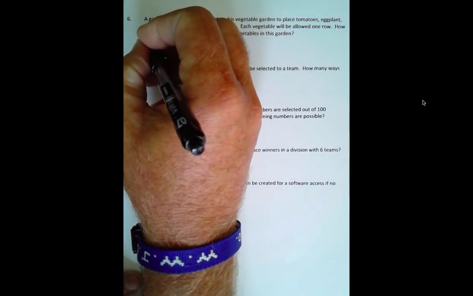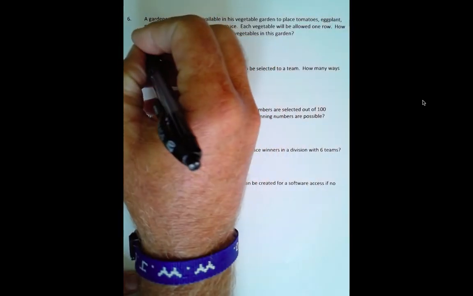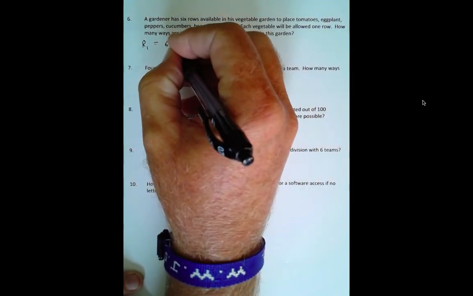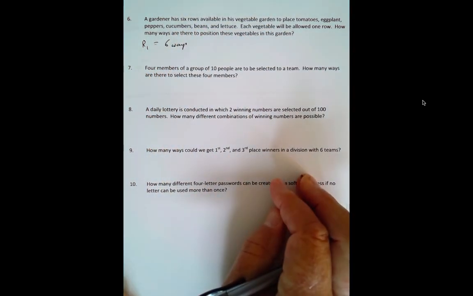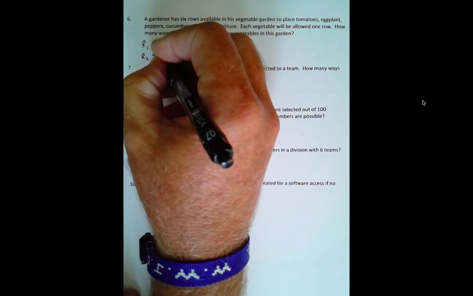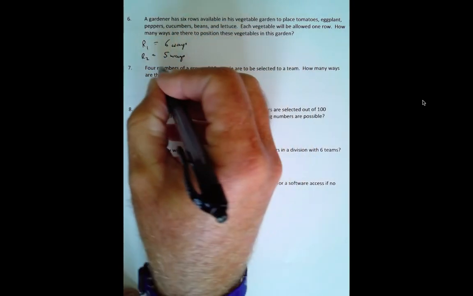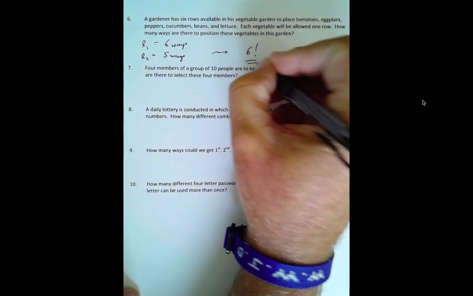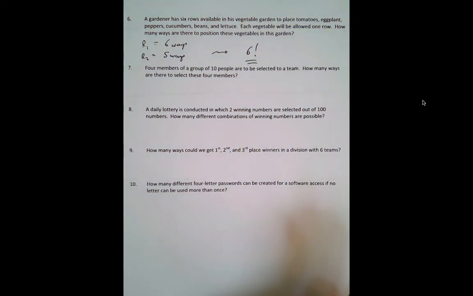Well, whatever goes in row 1, there would be 6 ways to choose it. Once it's selected, we move on to row 2. There will be 5 ways. 4 ways for row 3. I think we can generalize here that there would be 6 factorial ways to position these vegetables.